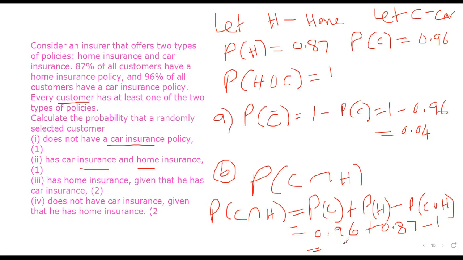Pardon? 0.83. So why are we using union? Because the word and means what? Intersection. So they're asking for C intersection H. I was happy most of you got this answer correct. In fact, all of you got this answer correct. It's just one person who got the last part correct.